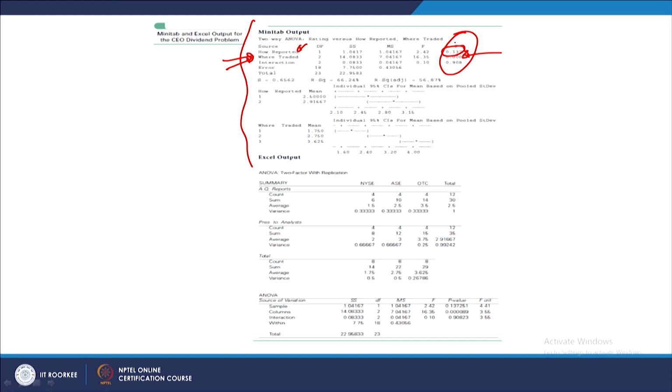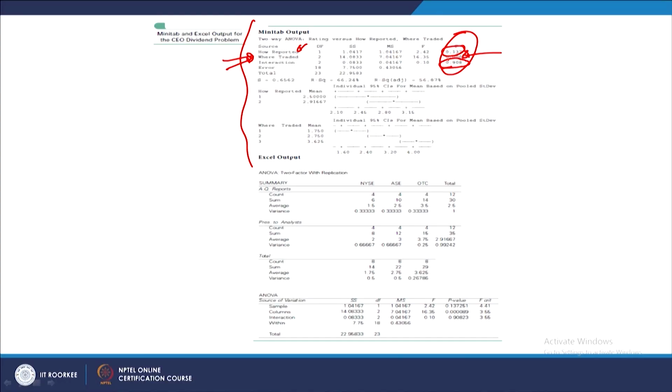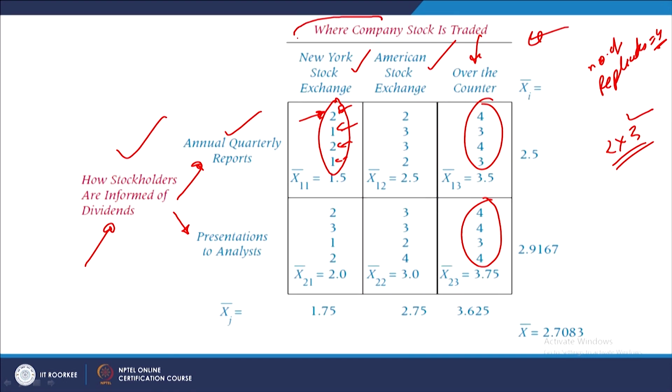So, whether the stakeholders are informed through presentation or through annual reports, there was no significant difference between these two. And of course, there is no interaction effect. So, there is only one conclusion, that the independent variable, where company stock is traded, is affecting dependent variable, right.